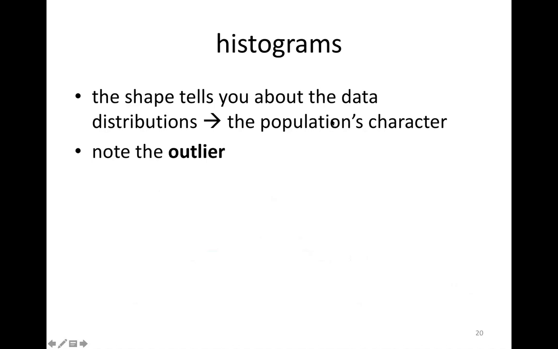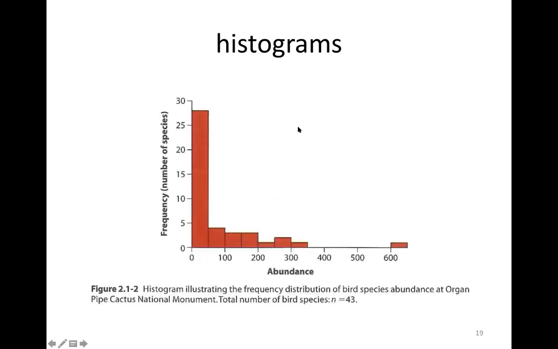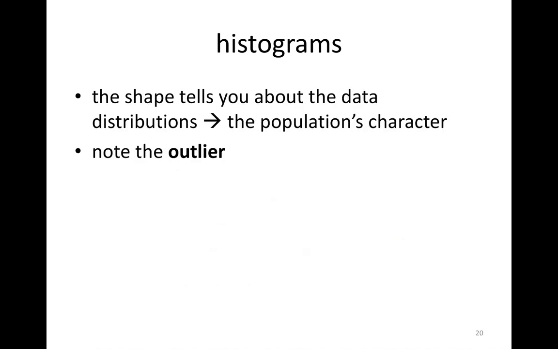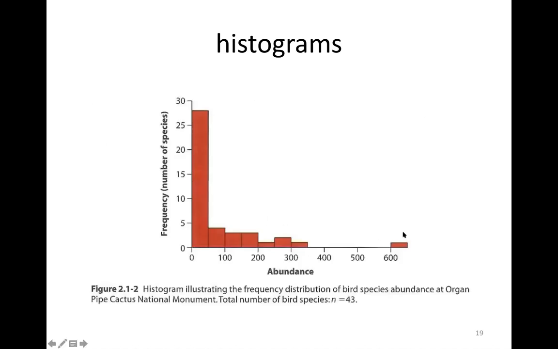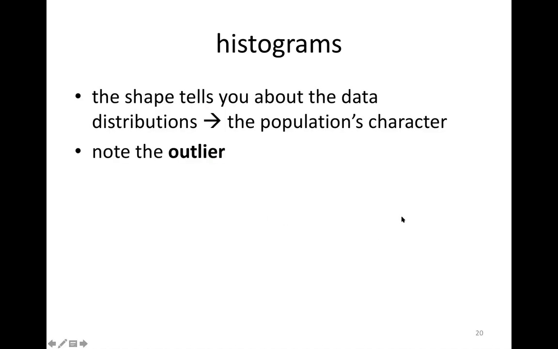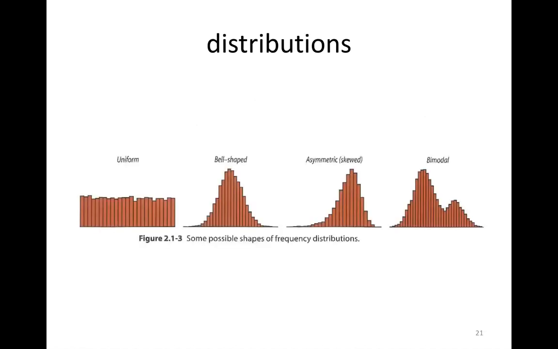So the shape itself tells us something about the data distribution, what kind of process is going on. If it's a normal distribution, that tells us something. If it's an exponential distribution, which would fit this one more, it would tell us something else. Plotting the histogram also tells us about the existence of outliers, as we see here.